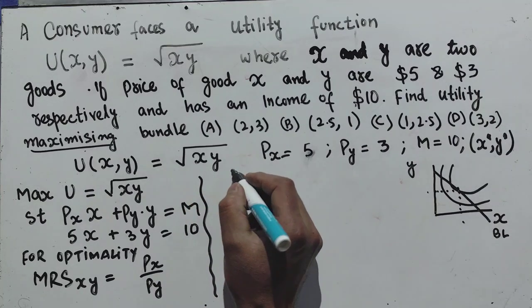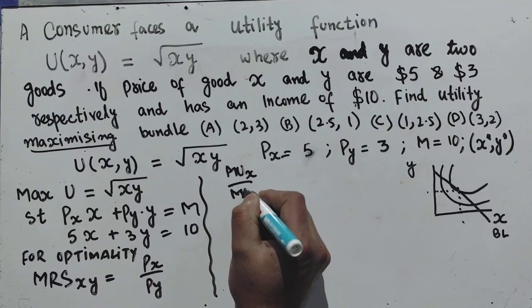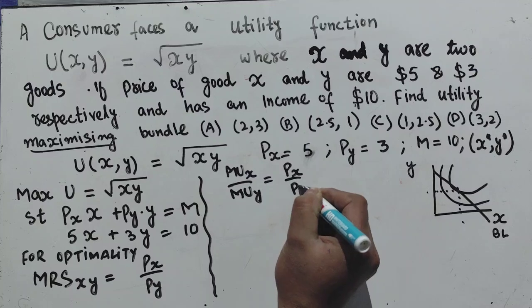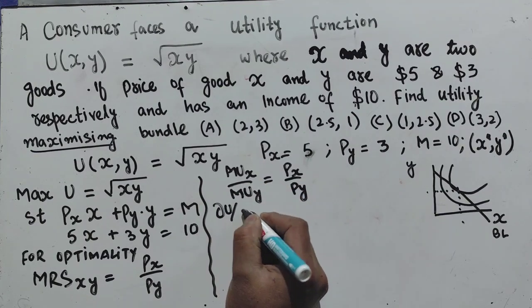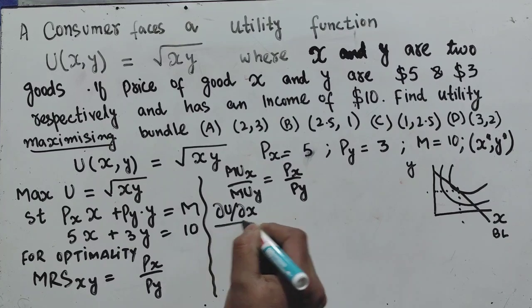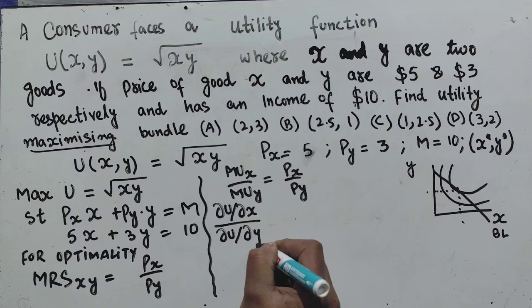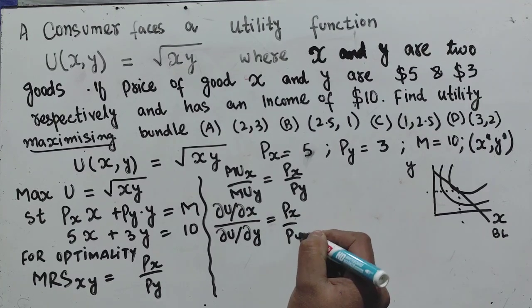Now MRS, we know, is simply the ratio of the marginal utility of good x and the marginal utility of good y, which should be equal to the ratio of the prices. MUx is simply the change in the utility due to the change in the consumption of good x, and MUy means the change in the total utility due to the change in the consumption of good y, which should be equal to the price of x upon the price of good y.